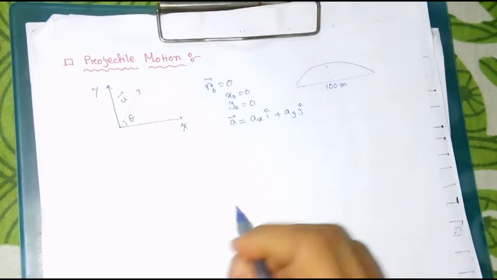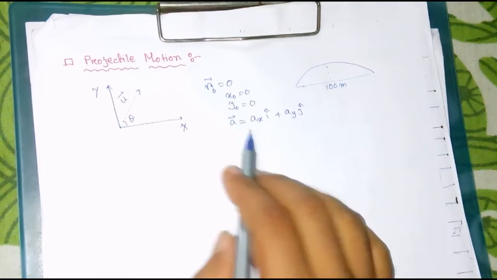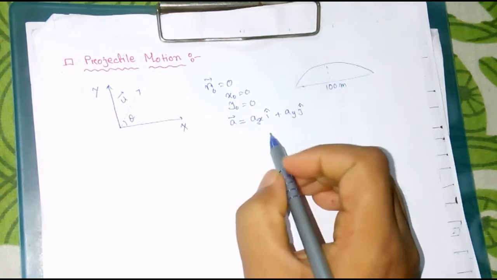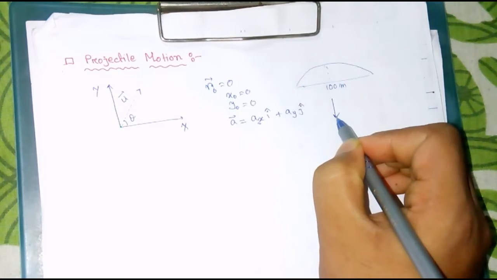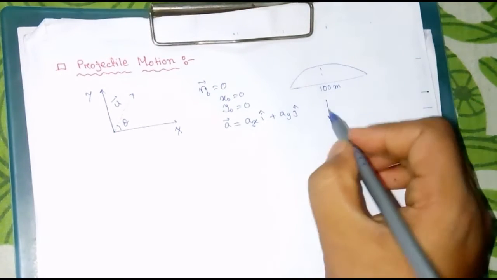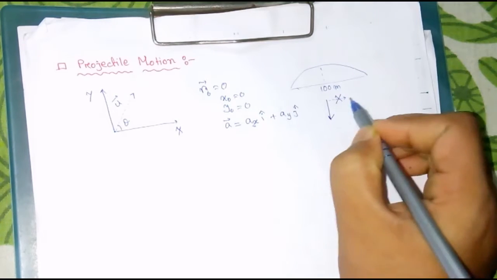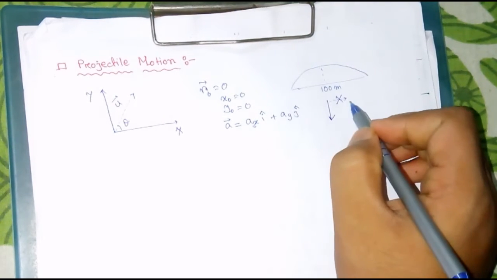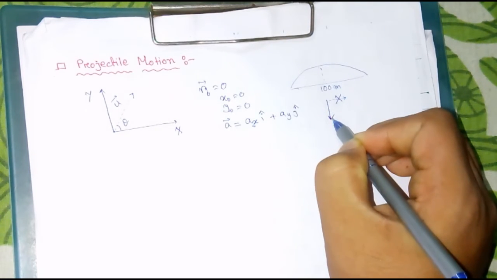Do you think that acceleration has any component along the x axis? Because acceleration acts only downwards, it does not have any component along the x axis, because it only acts in the y direction.